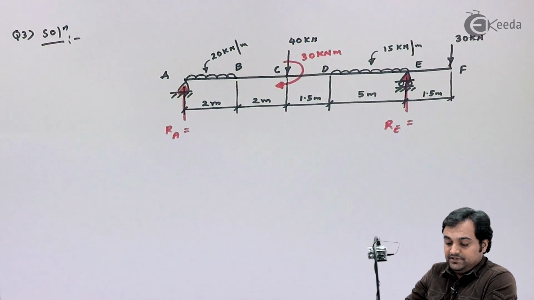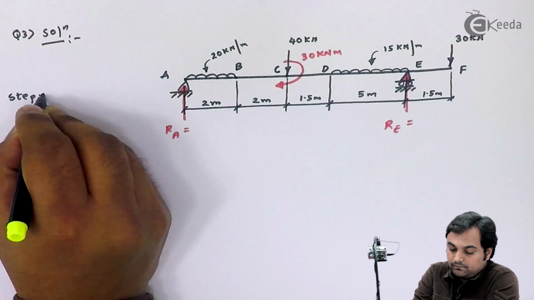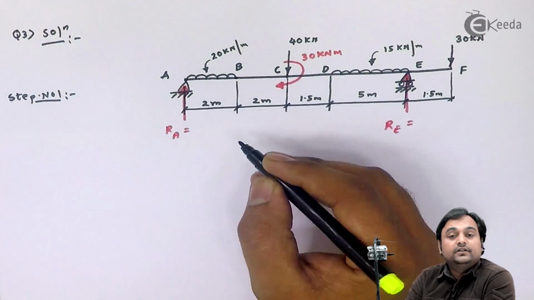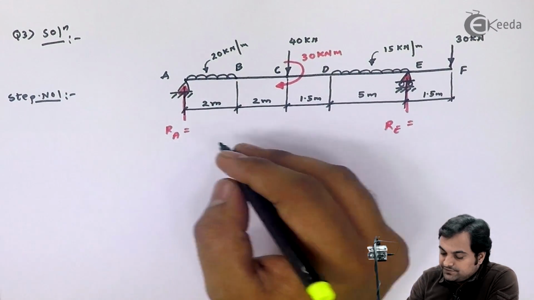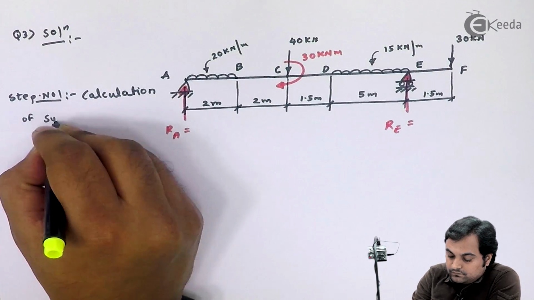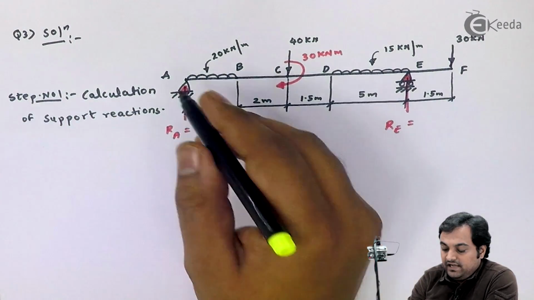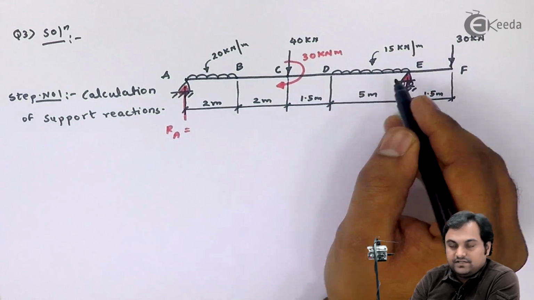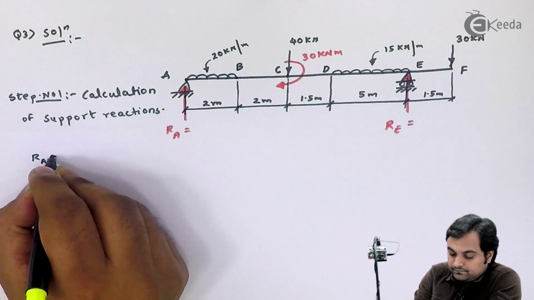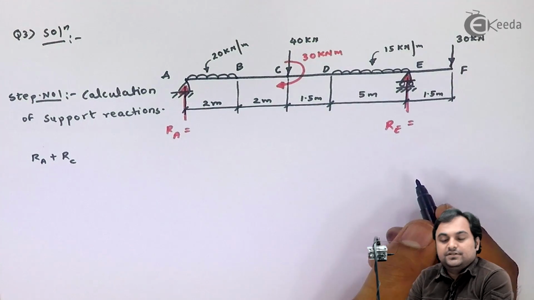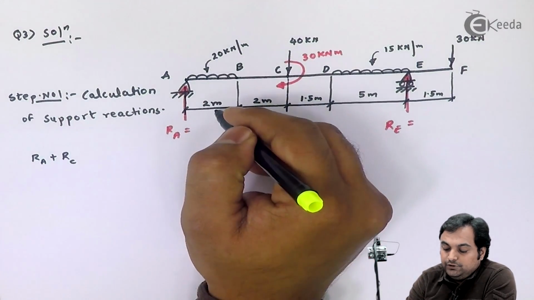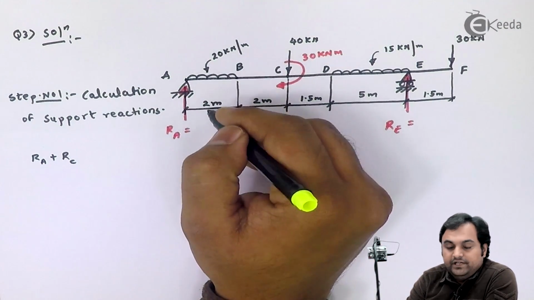So my first step is step number 1, calculation of support reactions. Here I have RA and RE as upward, RA plus RE, 20 into 2, that is the UDL into length.